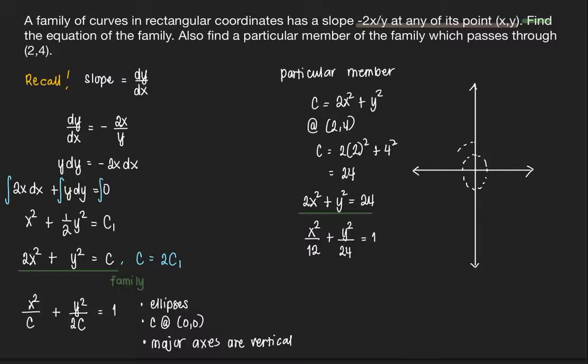Because their centers are at the origin. Remember, it's an ellipse, not a circle. And say, for example, this is our particular member.